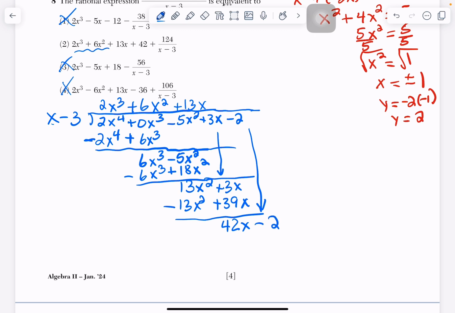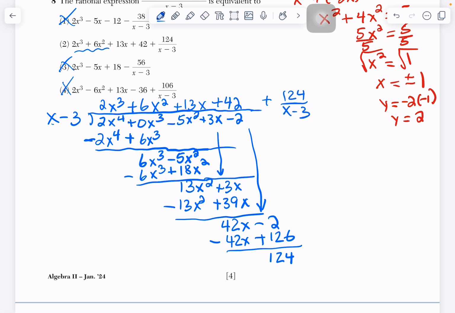So this is going to be plus 42, this is negative 126, this is 42x. Change the signs. And this is 124. So this is plus the 124 over the divisor. So this was choice 2. All right, so we're up to 8. You should all get that one right too.